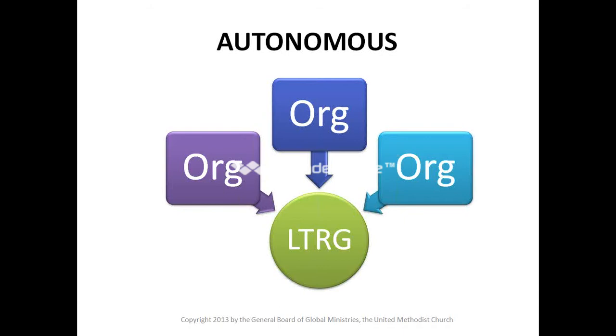So this graph shows you an autonomous approach to disaster case management. Disaster case managers from various voluntary agencies access the LTRG through an established unmet needs committee, but operate case management services separately from the LTRG administration and infrastructure. By autonomous, we don't mean to suggest isolated.